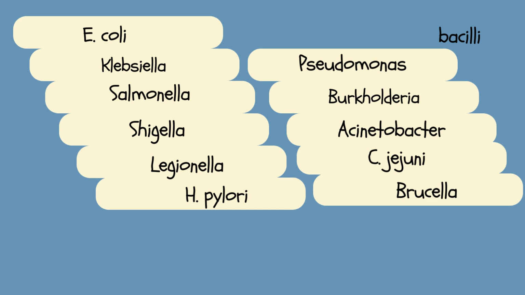Pseudomonas, again, is another cause of hospital-acquired infection. Burkholderia is also a hospital-acquired infection. It can be Burkholderia cepacia and Burkholderia pseudomallei. We'll come to that later. We have Acinetobacter, again a hospital-acquired infection. Campylobacter jejuni and Brucella.